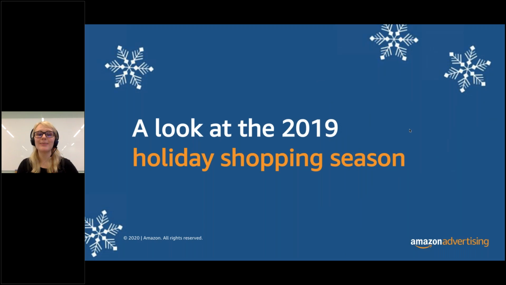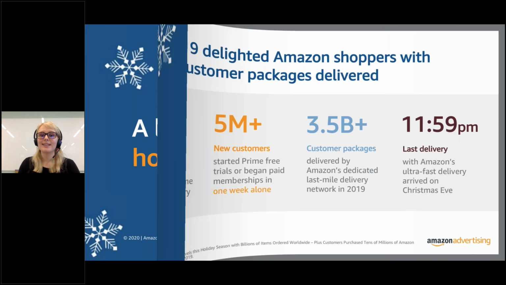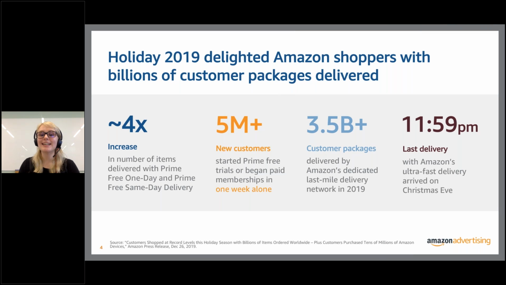So let's start by looking at the holiday season last year and some key stats on the scale of the opportunity that we're looking at. So the holiday 2019 delighted Amazon shoppers with billions of customer packages delivered.